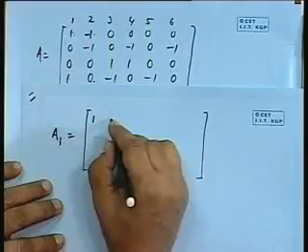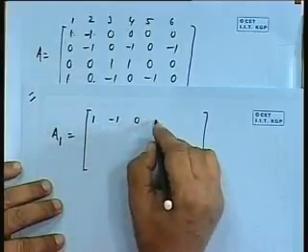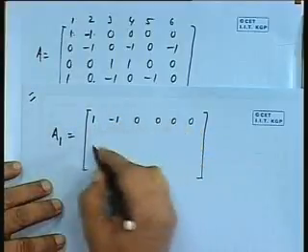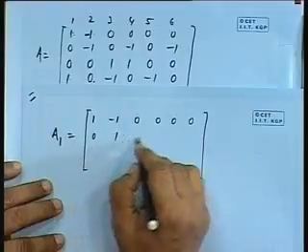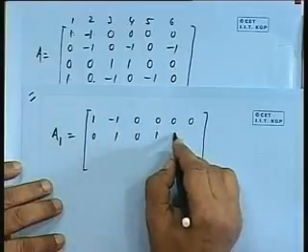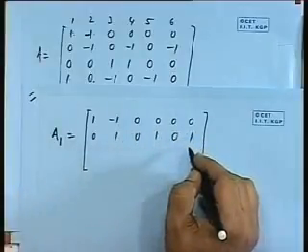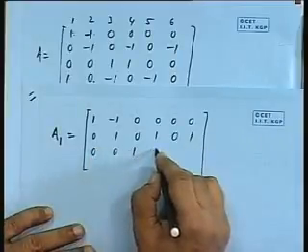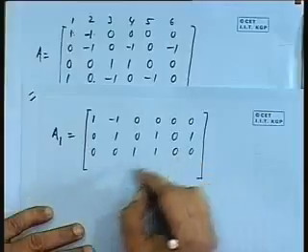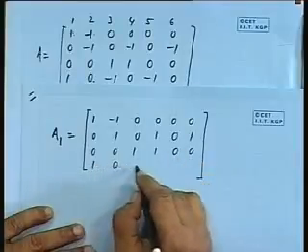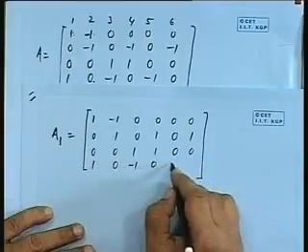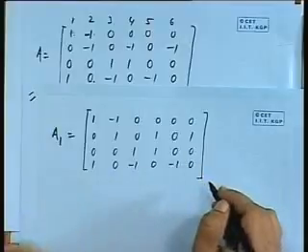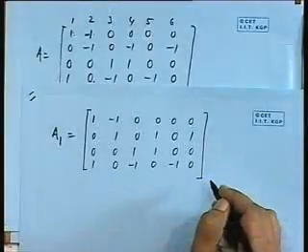So this will become 1 minus 1 0 0 0 0, then 0 1 0 1 0 1, okay, then 0 0 1 1 0 0, 1 0 minus 1 0 minus 1 0, okay.